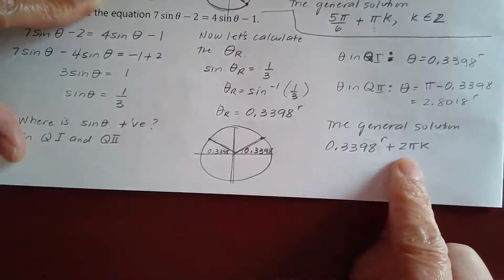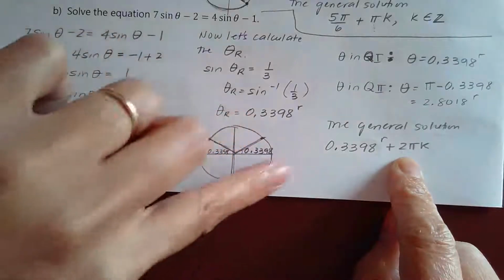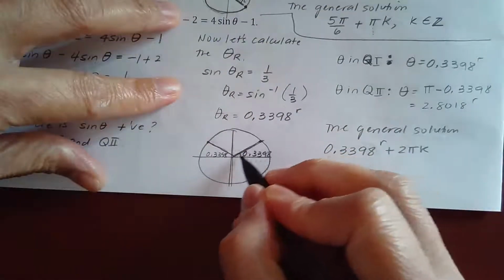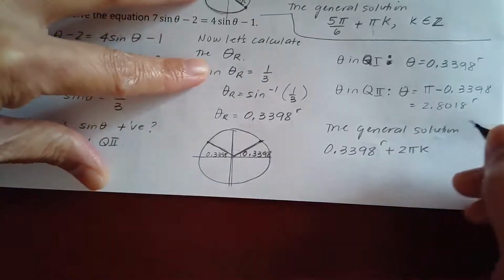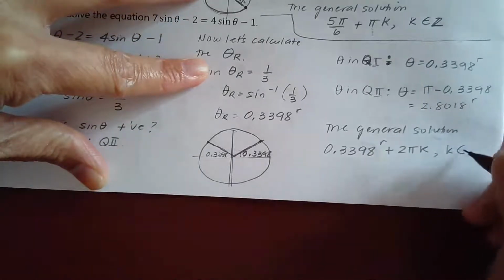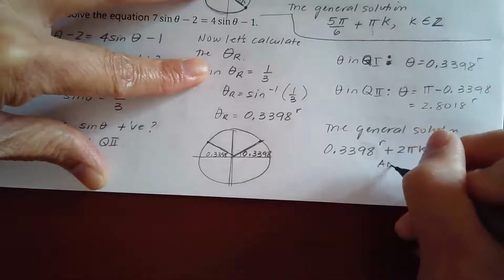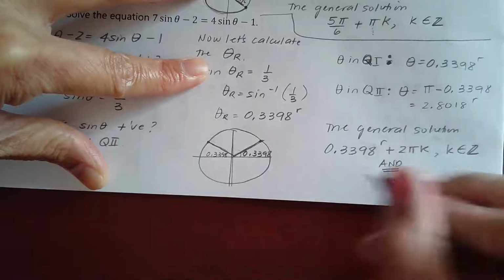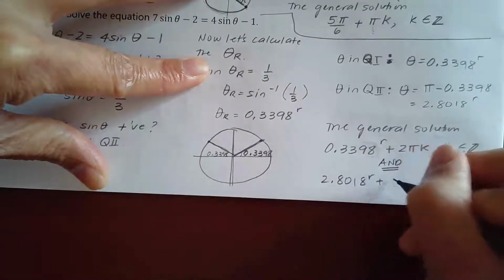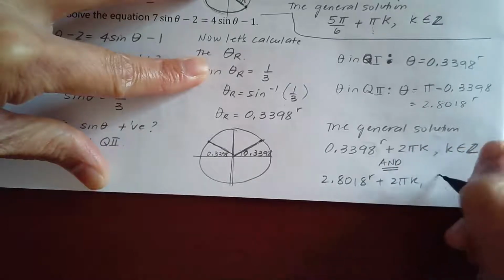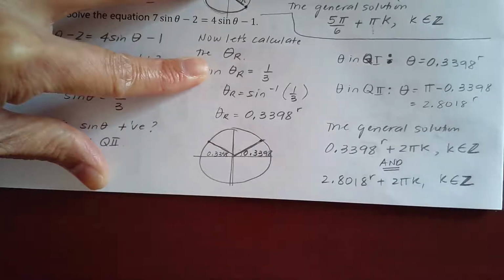Now the reason why this is 2 pi is because the period to get back to that particular place is every 2 pi radians, where k is an element of the integers, and 2.8018 radians plus 2 pi k, where k is an element of the integers.